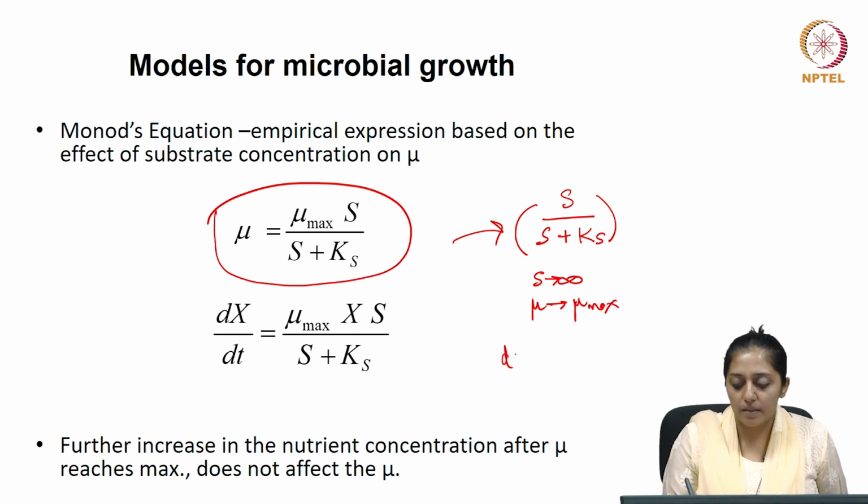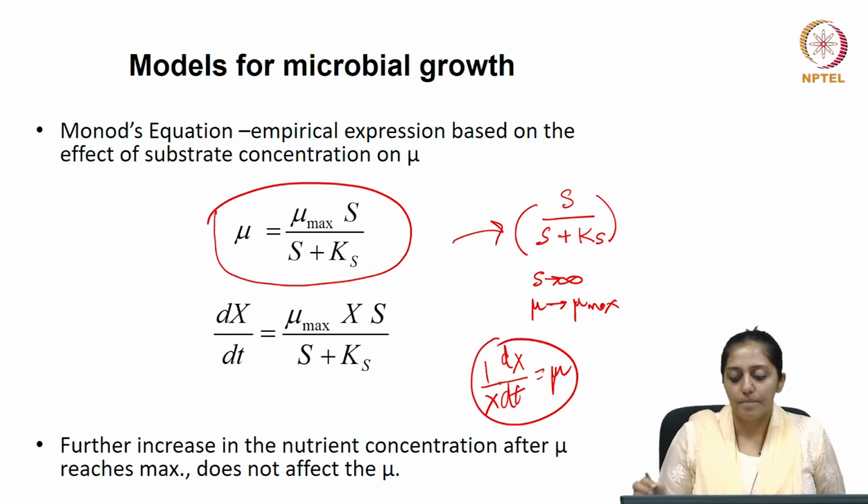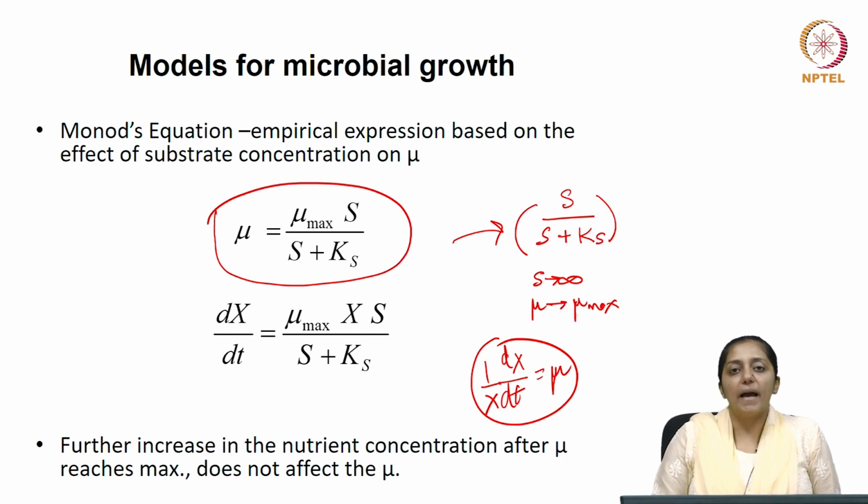Specific growth rate is given as 1 by x dx by dt. Now, this is the rate of biomass accumulation inside a batch bioreactor, which is equal to the specific growth rate of the culture.